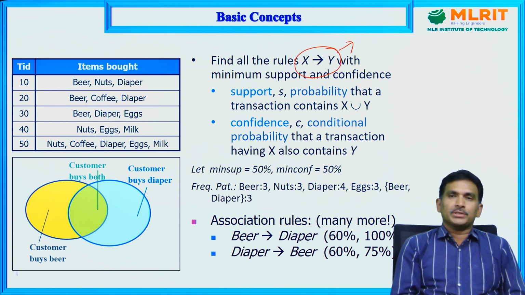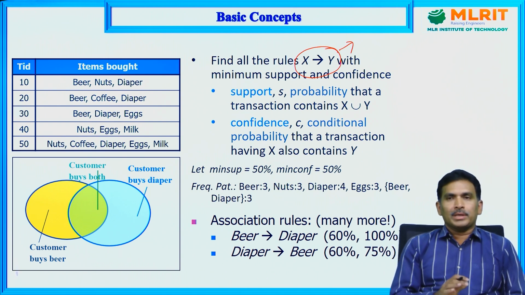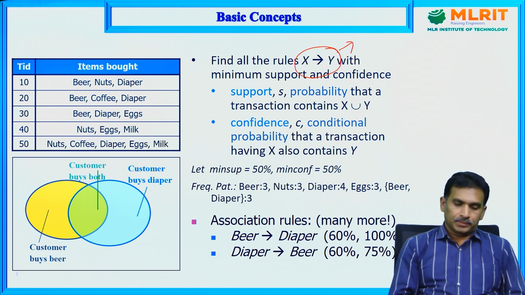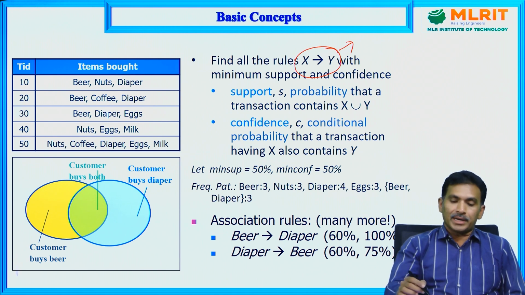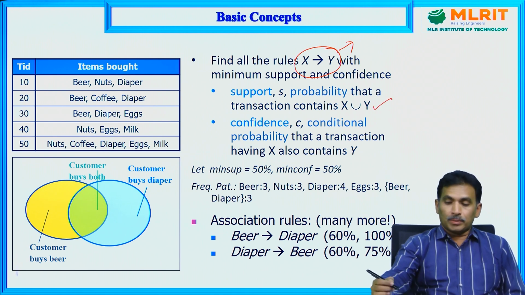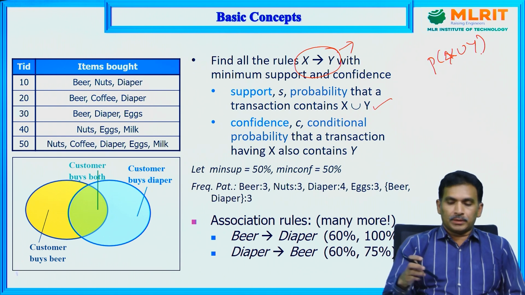Support is the probability that a transaction contains both the items X and Y. That is expressed as the probability of X union Y.